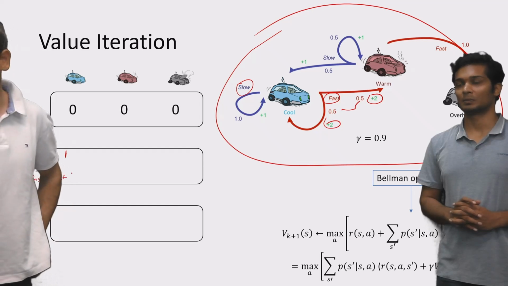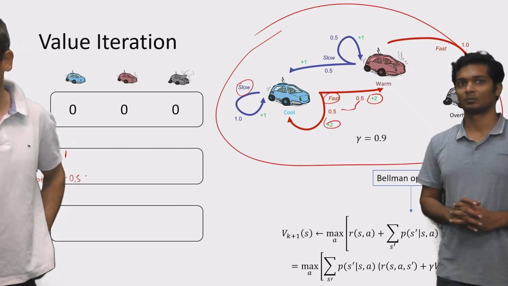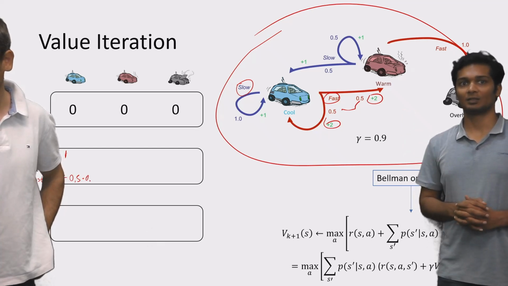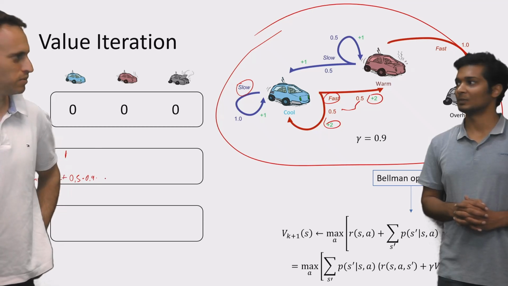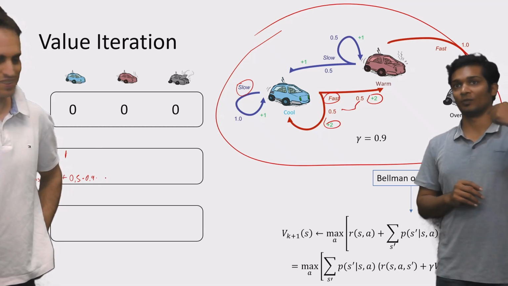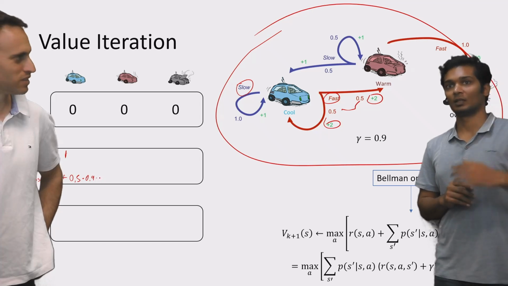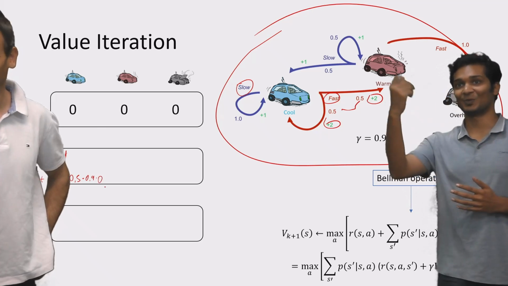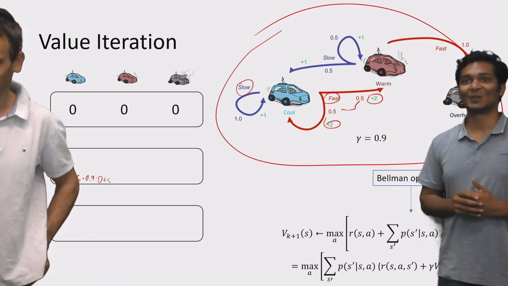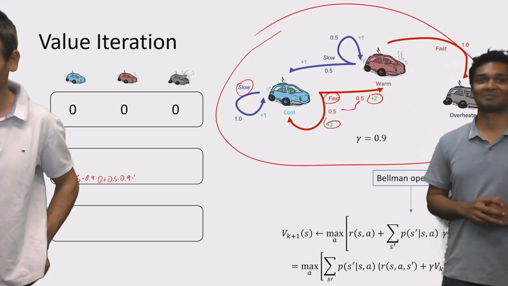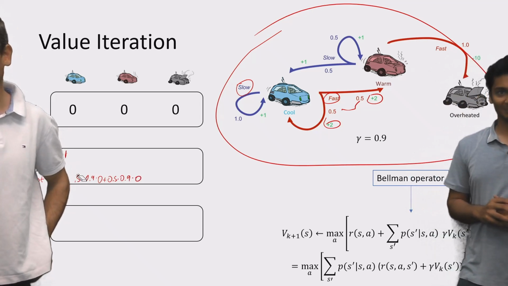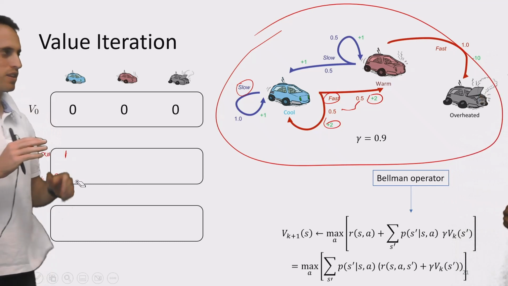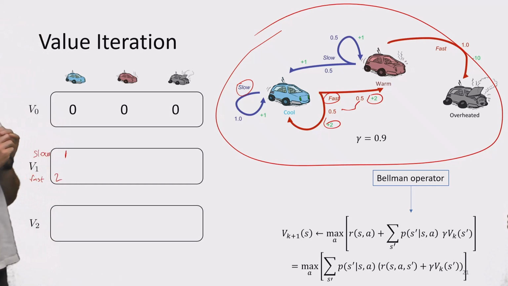With the discount factor of 0.9 times the value, if we go to state cool, the value is still 0, and if we go to state warm, the value is still 0. So all of this will be zeroed out, and we only look at an immediate reward optimization. That's actually the case in iteration 1.